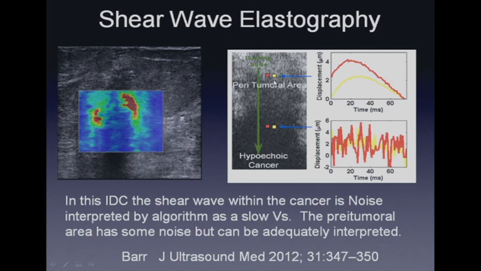If we look in the peritumoral tissue, there is some noise in the signals, but we can pick the maximum height of these over time so we can actually get an accurate velocity. So there's something unique about breast cancers, and in our experience, this phenomenon seems to only occur in breast cancers, that we get a lot of noise in the shear wave, and unfortunately the algorithms sometimes predict this as blue cancers.